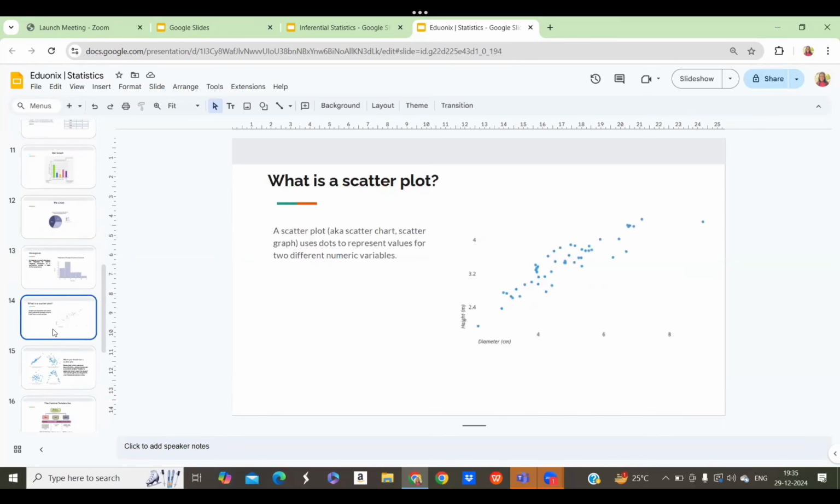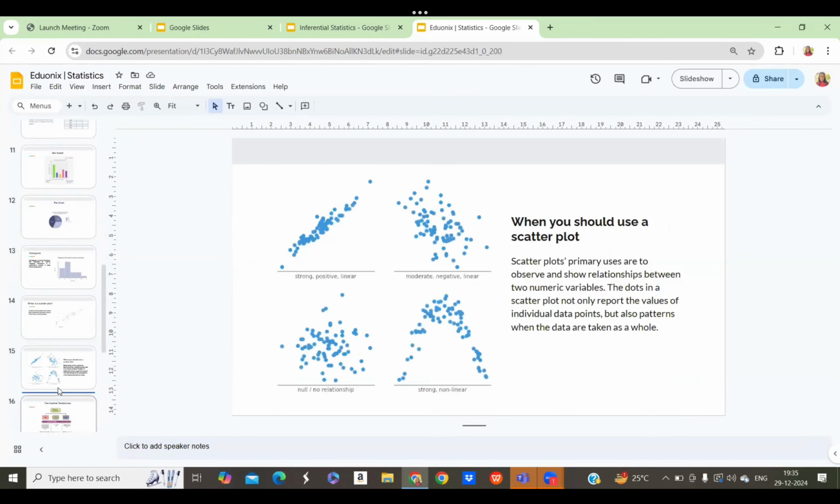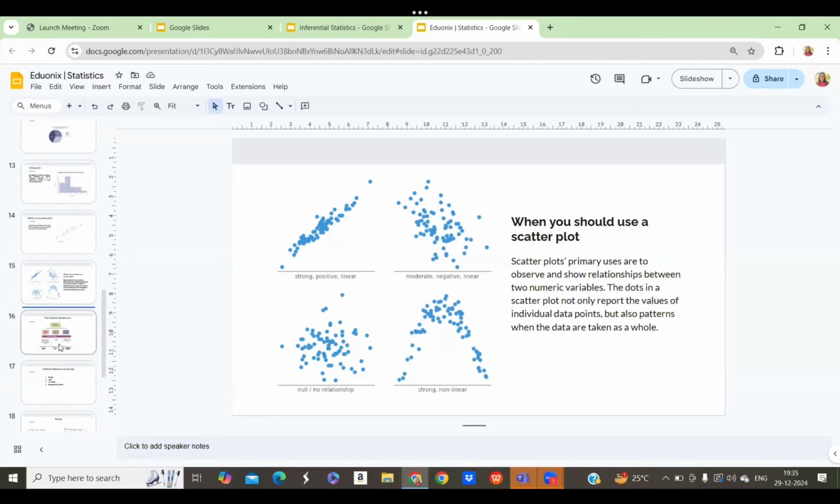Then we tried to explain a scatter plot as well. We tried to understand how to understand the relationship between two variables, whether they are having positive relationship or not, negative relationship or not, and if there is any non-linear situation. So we understood those things.